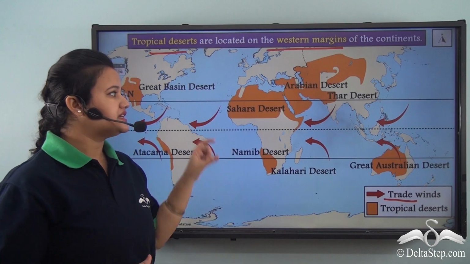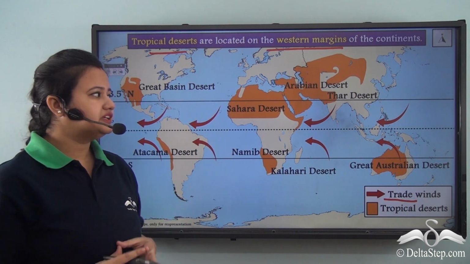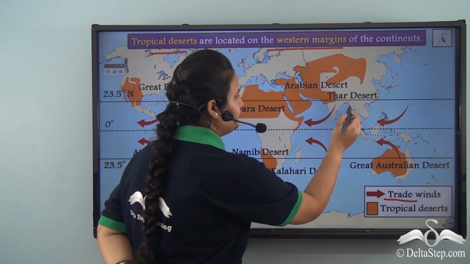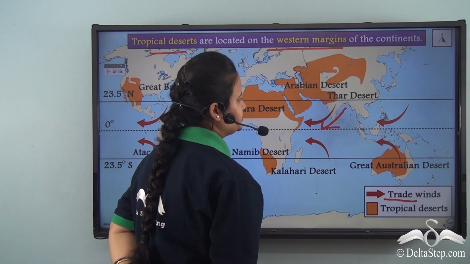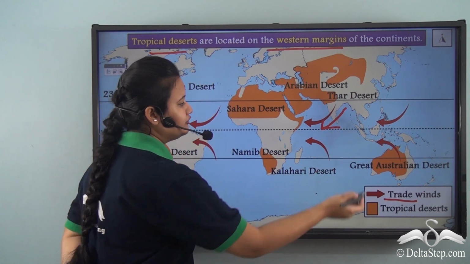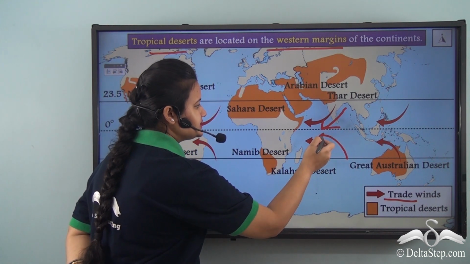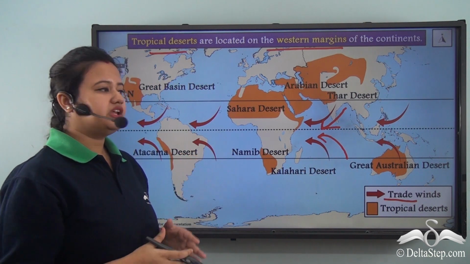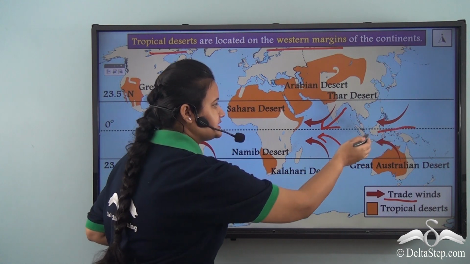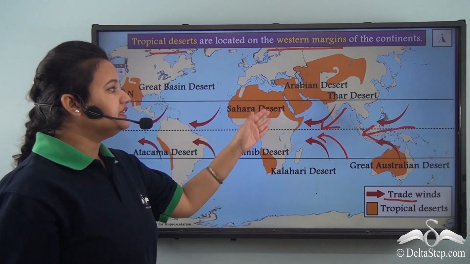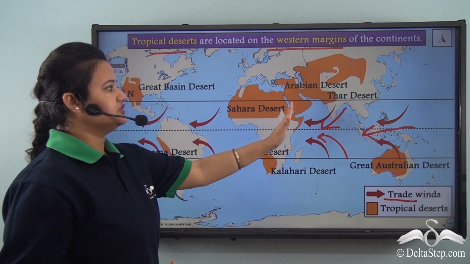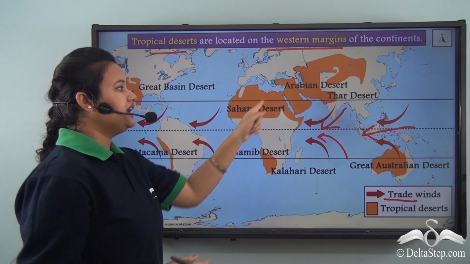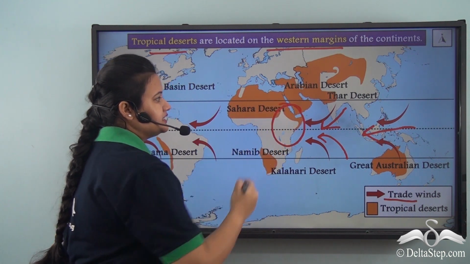Well, we know that in the northern hemisphere, the trade winds blow from the northeast direction, whereas in the southern half, they blow from the southeast direction. In other words, we can also say that the trade winds blow from east to west. So, these trade winds enter the continents from the eastern side and they shed moisture at the eastern boundaries.